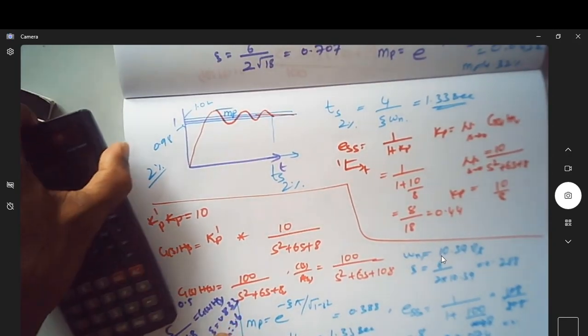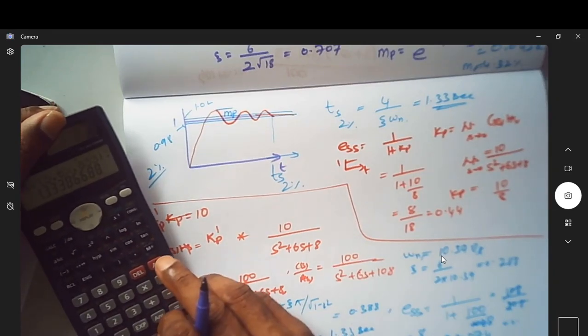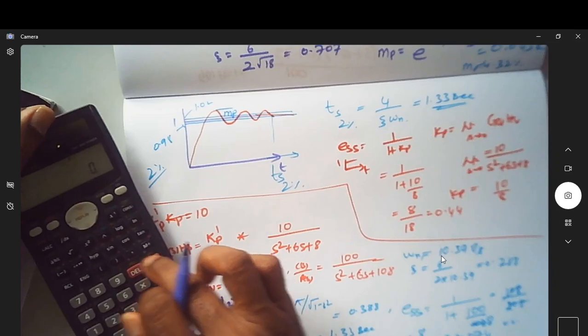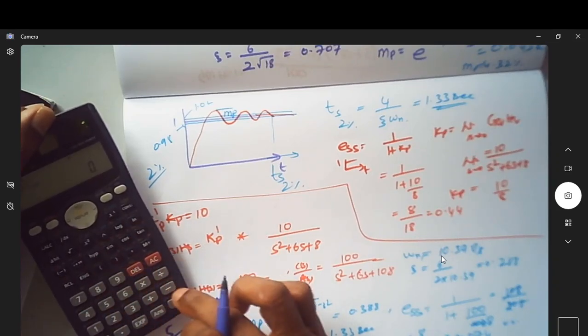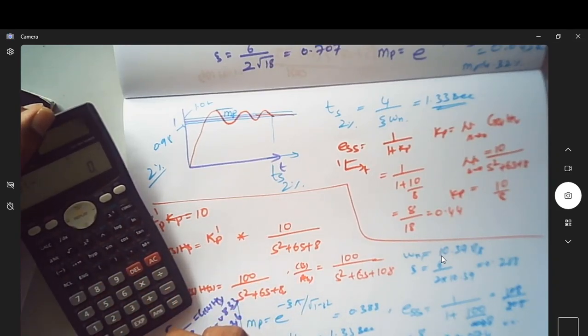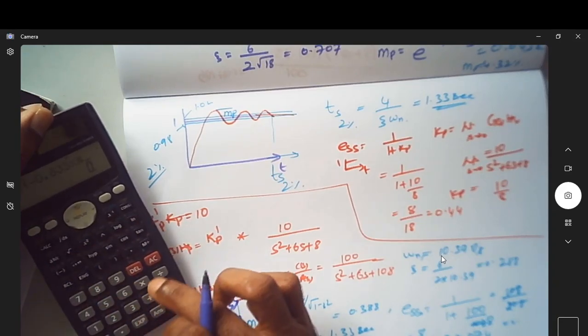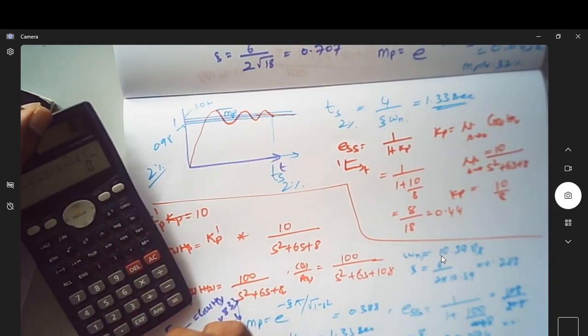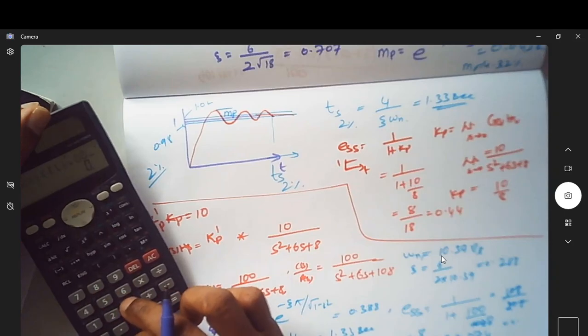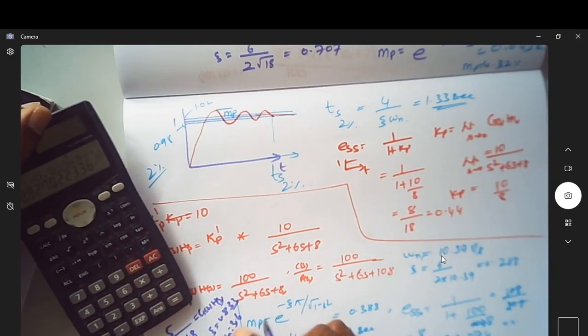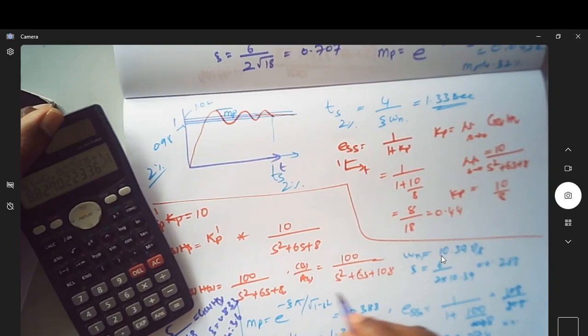So with this, zeta is 0.833. So MP is exponential minus 0.833 into pi divided by under root of 1 minus 0.833 square. Can you see now it is so small?